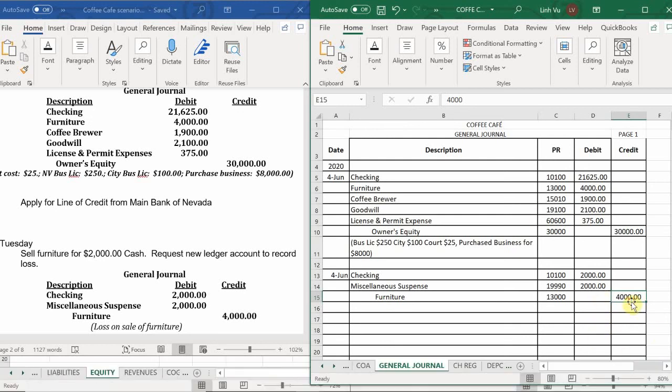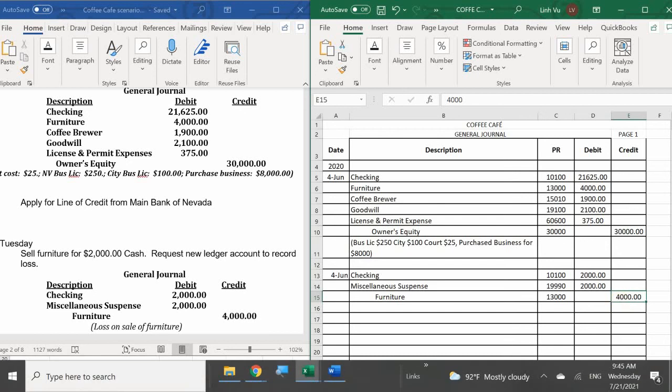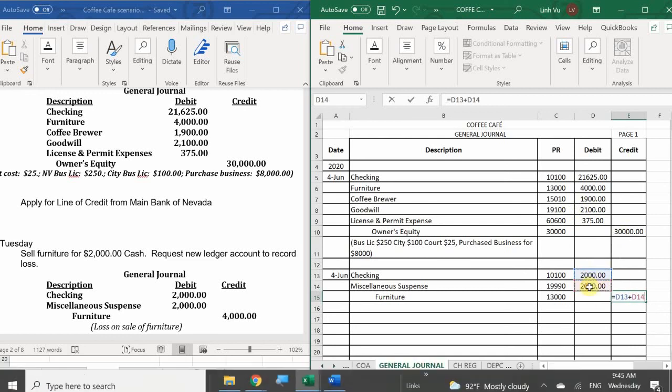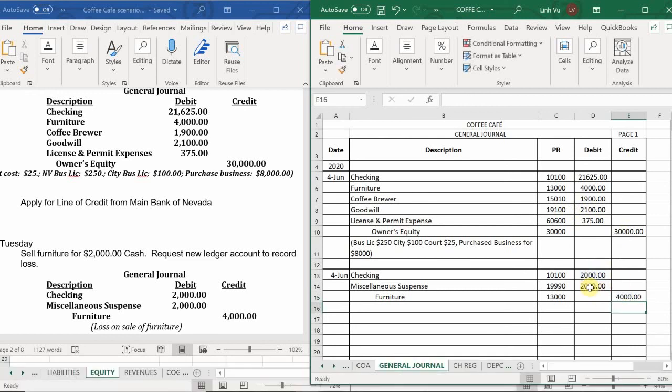Now here, a better way to do it, instead of typing in 4,000, is to actually add your cells together. Because in this case, that will triple confirm that you didn't make any typos. That's number one. And two, that your debits and credits equal on both sides. Okay? That's why in the very first one, I did an equal sum.